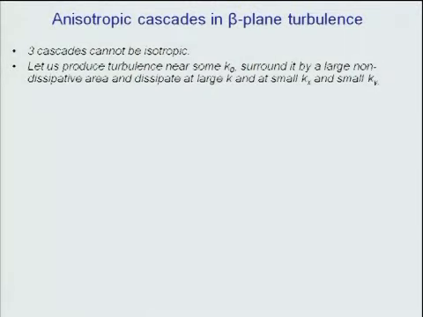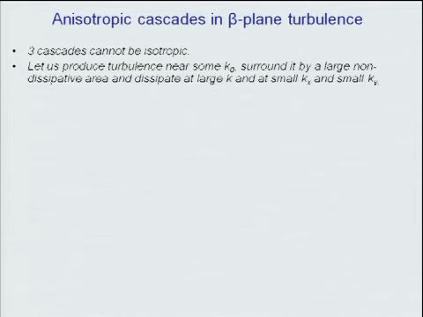Right, but why I mentioned this here is that now we have three positive quadratic invariants, and they both should be transferred in k-space, right? We can straight away make a trivial observation that three cascades cannot be isotropic in k-space.